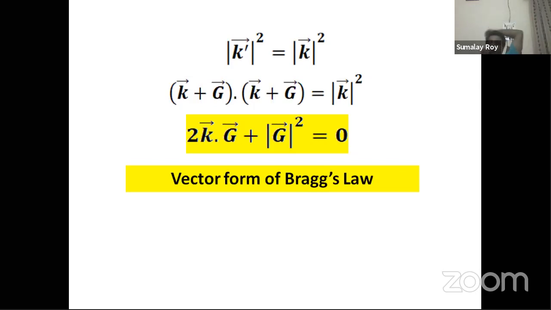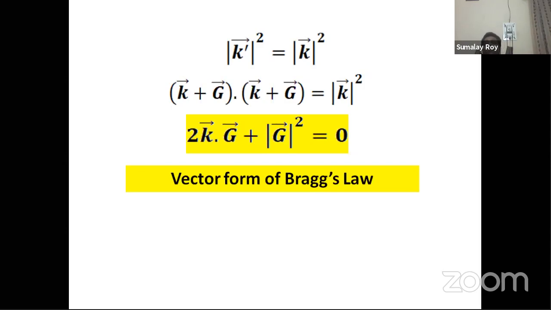So actually, for diffraction to occur, you must have this condition satisfied in your crystal. Otherwise, with your X-ray wave vector k, you cannot have any diffraction. So for any diffraction to occur with your wave vector k, you must find in your reciprocal lattice a vector G, so that this condition is satisfied.